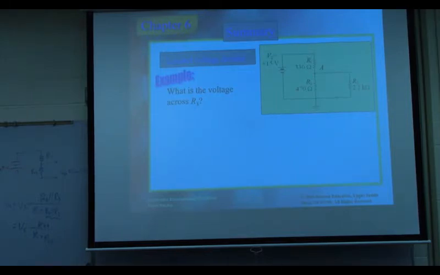Step 1 is to calculate R2 and R3 in parallel. What is it? Just multiply these two together, then divide by the sum. 470 times 2.2, 2,200. I use the same unit.